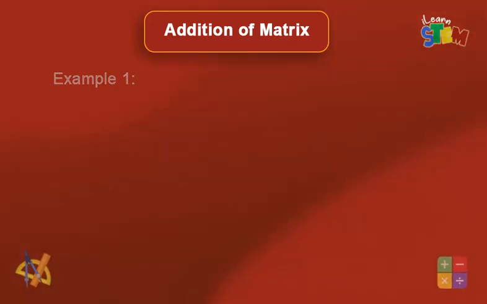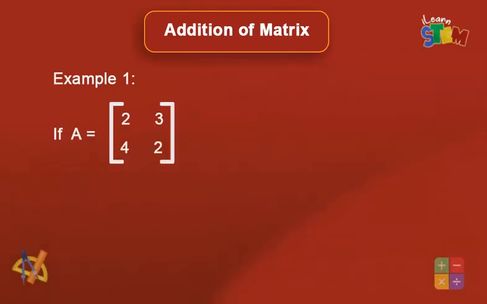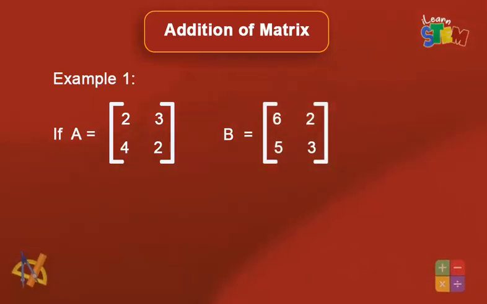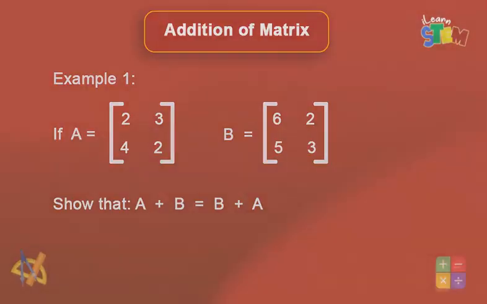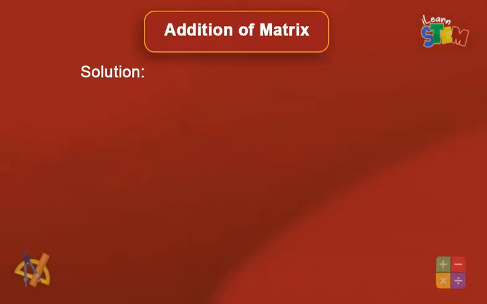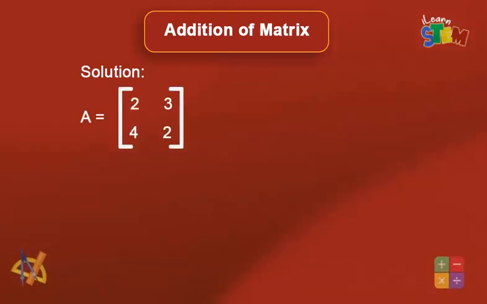result. For example, if A is equal to [2, 3; 4, 2], and B is equal to [6, 2; 5, 3], show that A plus B is equal to B plus A. Solution. We have matrix A, which is [2, 3; 4, 2], and matrix B, which is [6, 2; 5, 3].